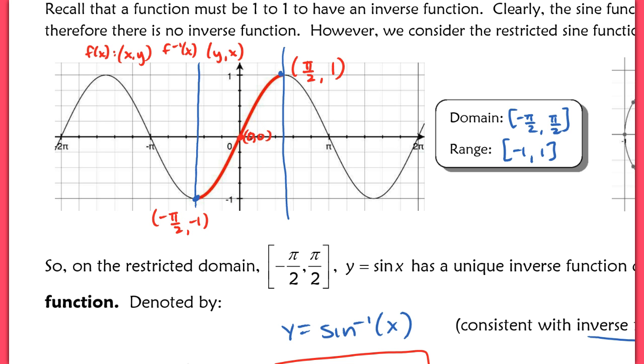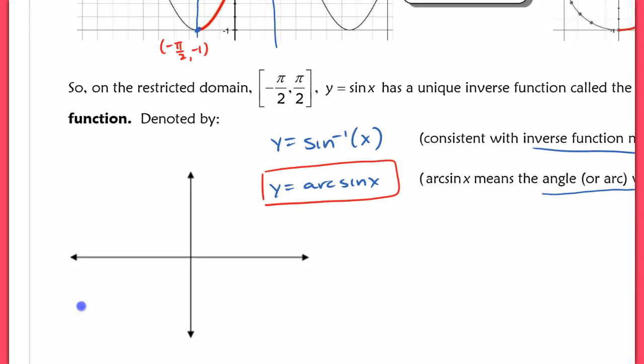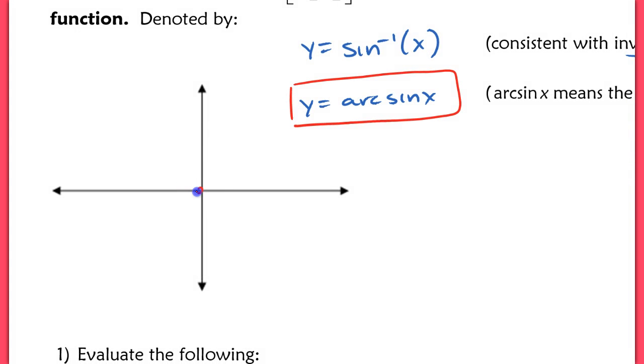On my inverse function, I still have that coordinate 0, 0, since switching doesn't change anything. But then I have the coordinate 1, pi over 2, and I also have the coordinate negative 1, negative pi over 2. After I create those coordinates, I'm just going to draw a smooth curve that connects them. That's the graph of your inverse sine function, the arc sine of x.